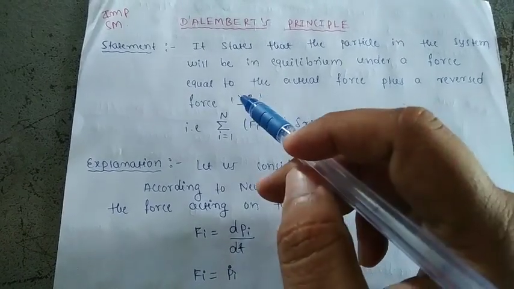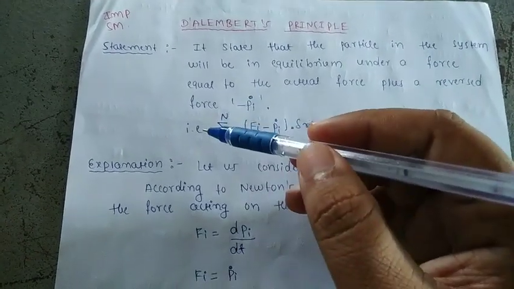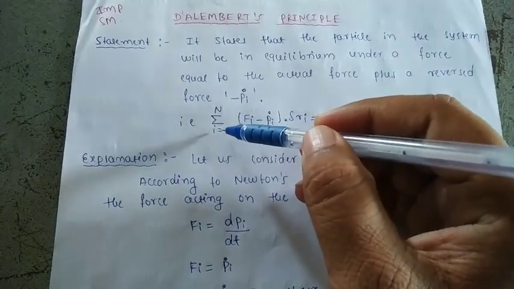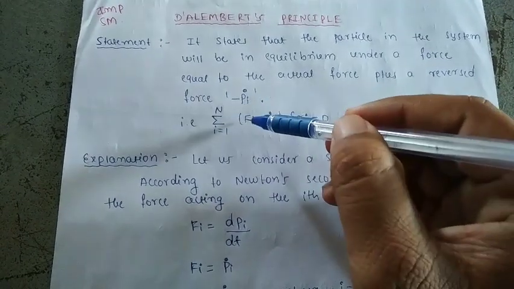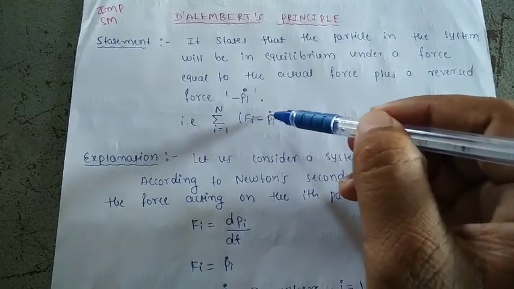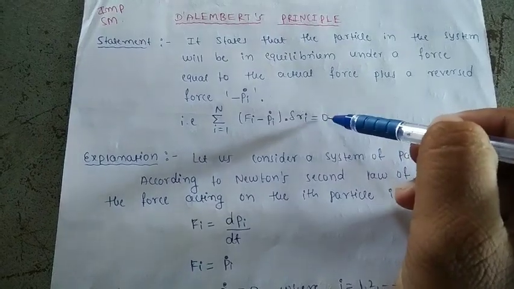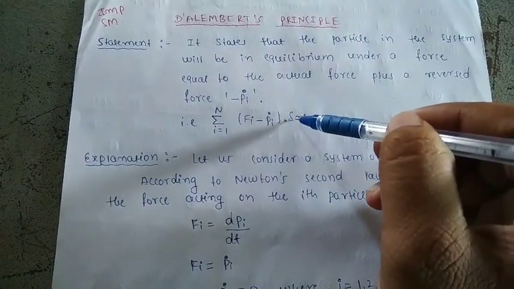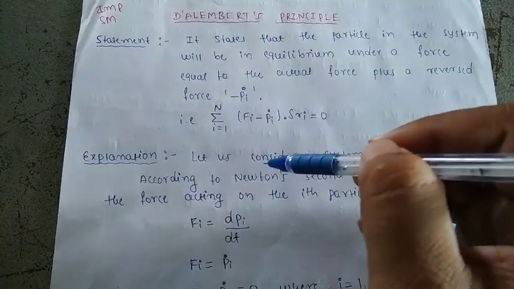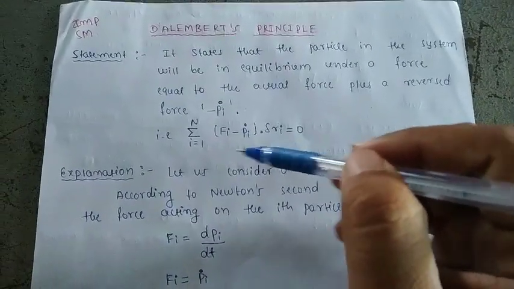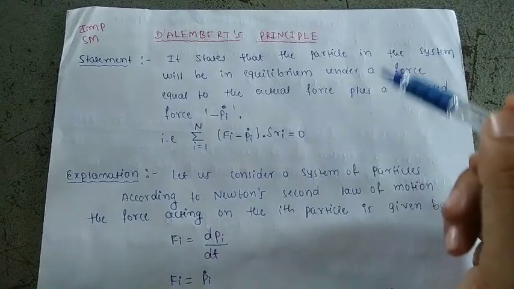This is written as the summation over i equal to 1 to n of (F_i minus p_i dot) into delta R_i equals 0. This delta R_i is the virtual displacement. Next we go for the explanation of D'Alembert's principle.